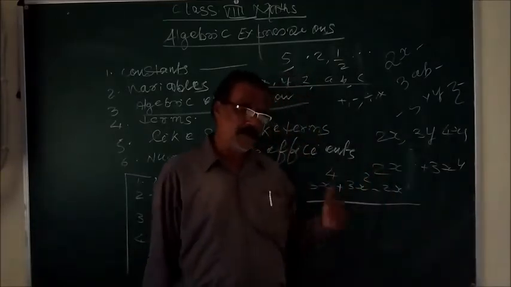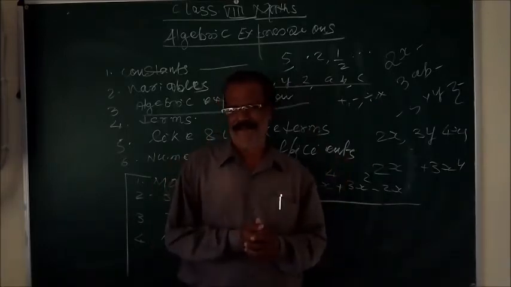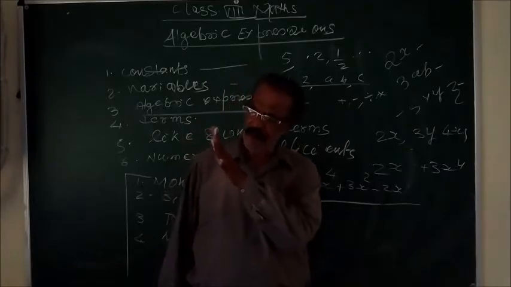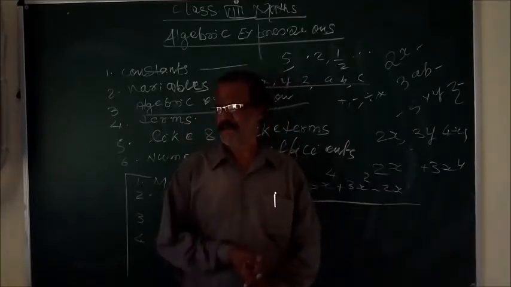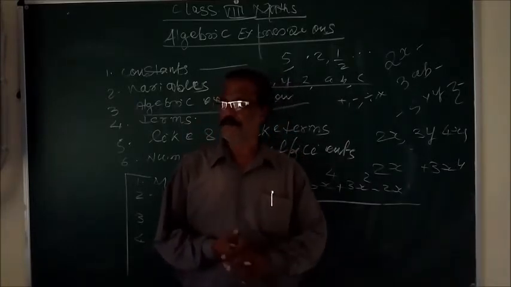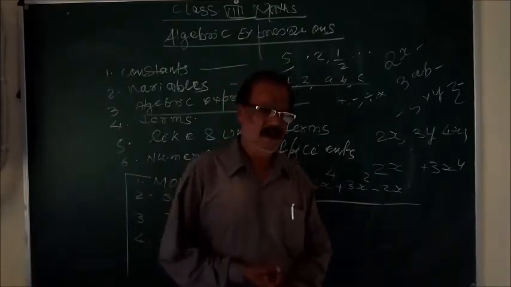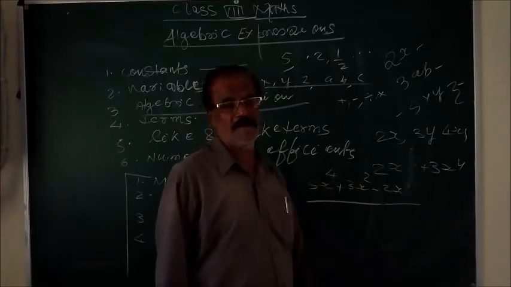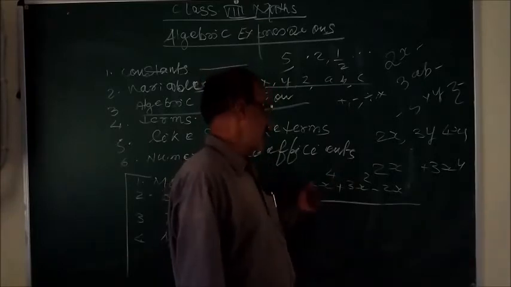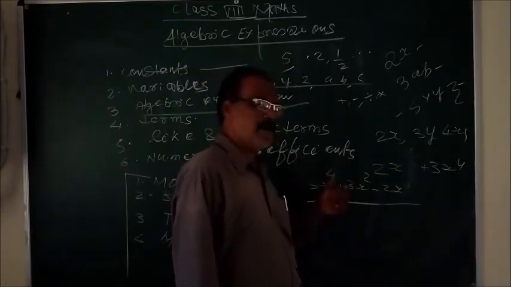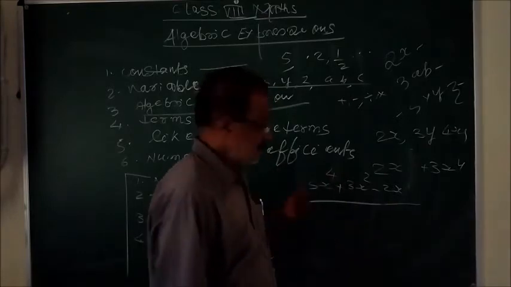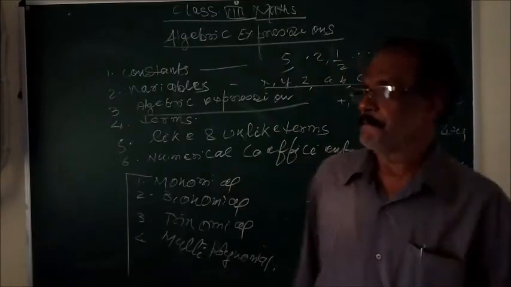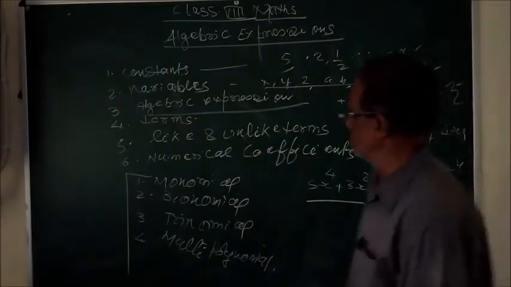If I ask you what the degree of this polynomial is, first you arrange in either ascending or decreasing order of the power, exponent, index. The maximum power of the variable, what is the degree of this polynomial? 4. Why? Because the maximum power of the variable in this expression is 4. So this is the degree of the polynomial.